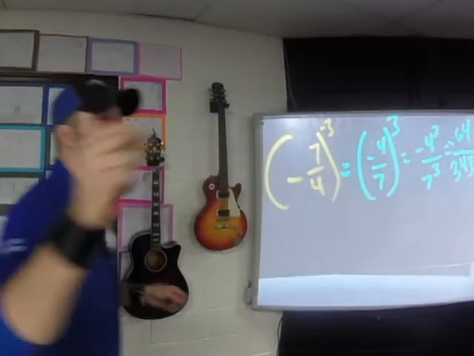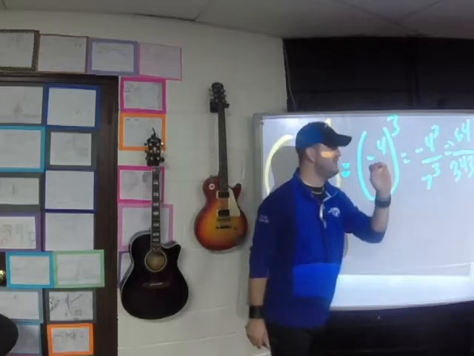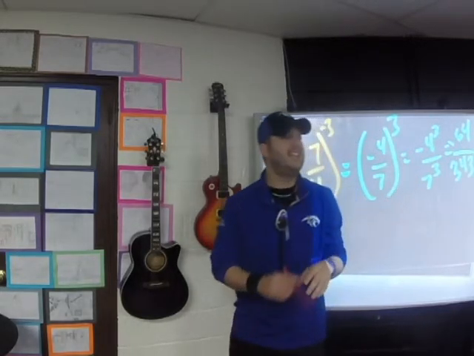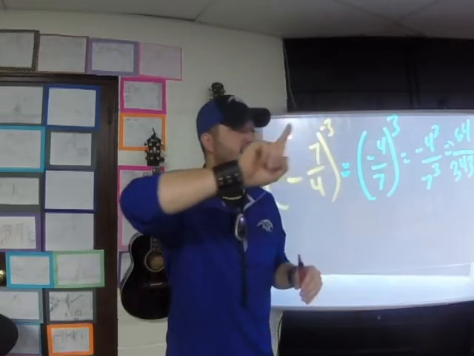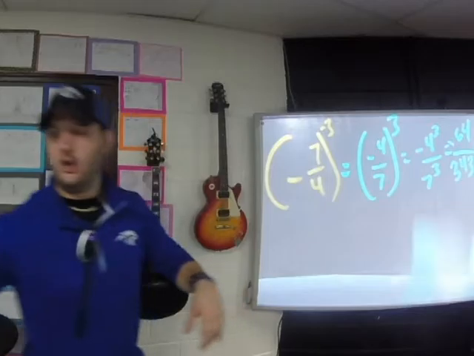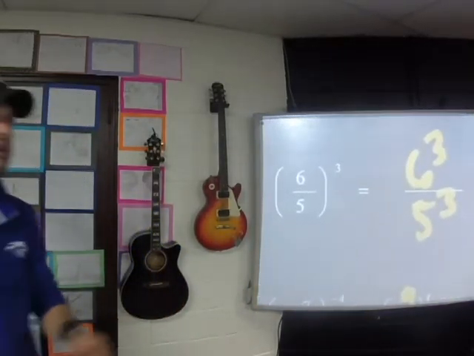Okay, so sum it up really quick. We talked about exponents, a few tricks. Anything to the 0 power is what? 1. Anything to the 1 power is itself. And when you take a fraction to a power, how do we do it?